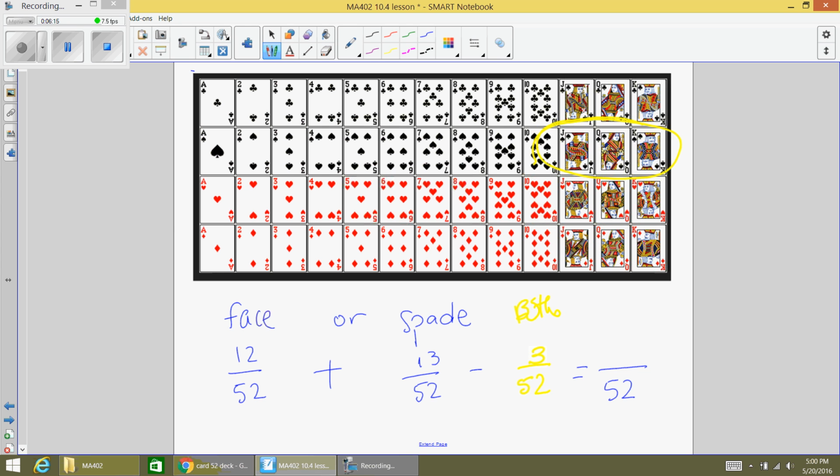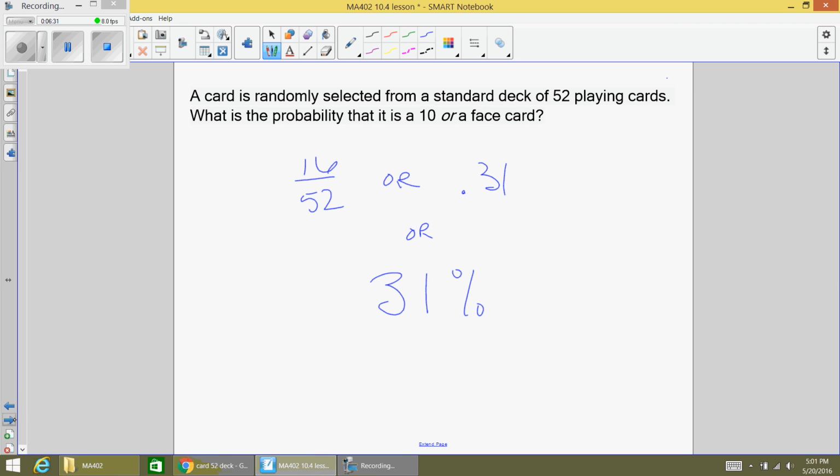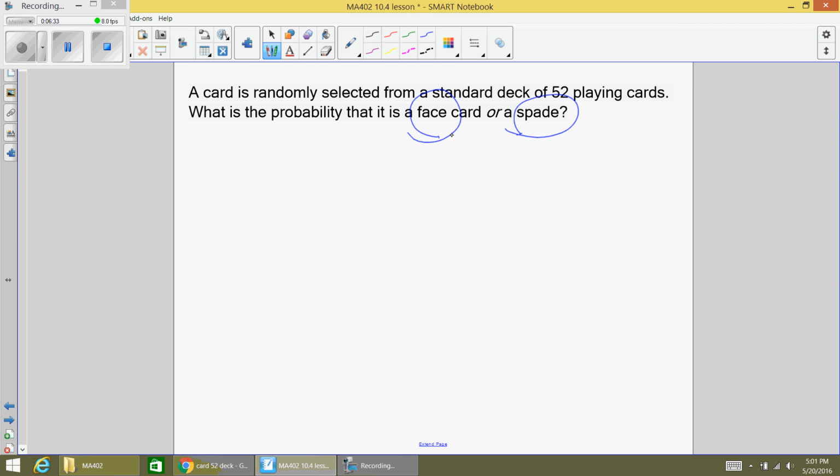Okay, use your brain. 22 over 52, which is 0.42. Okay, so that's this question here. The probability of getting a face or a spade was 0.42 or 42%. Not bad chances.